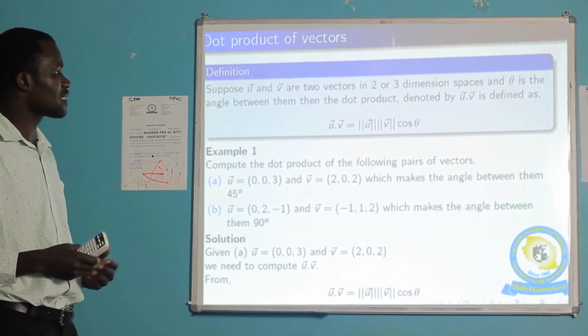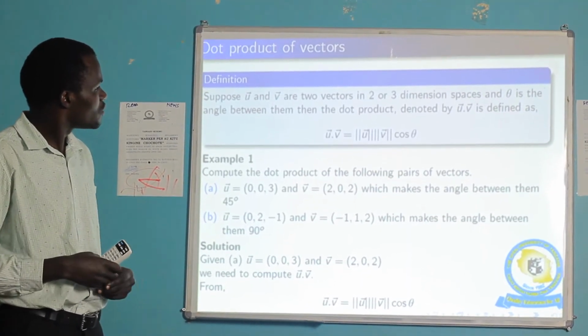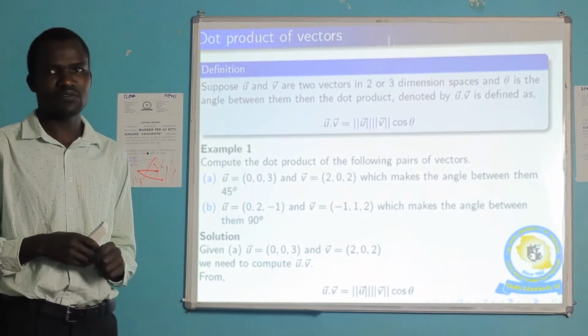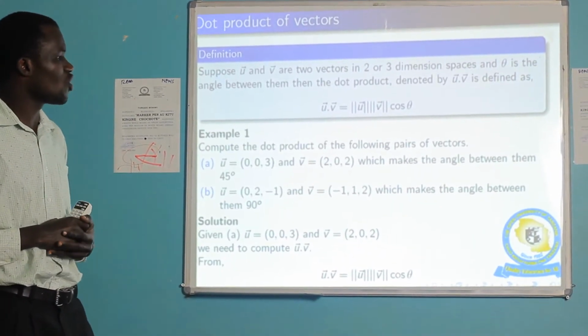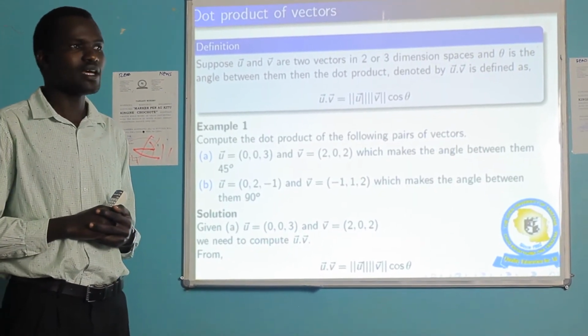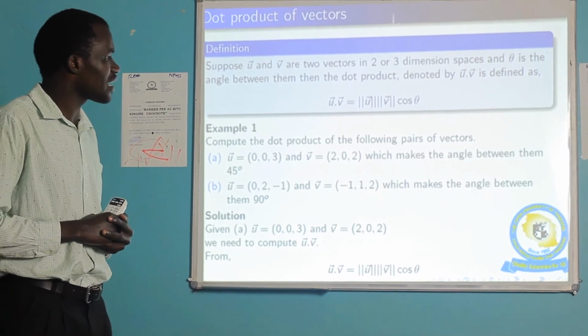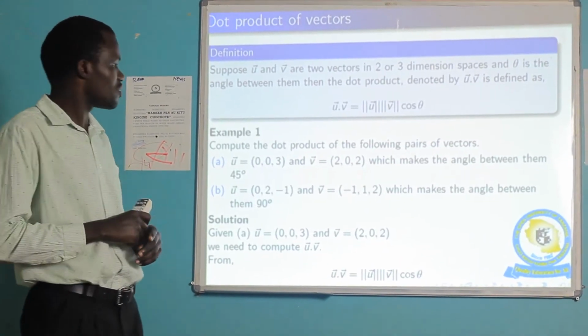Now, the dot product is defined as u dot v, which is equal to the norm of vector u times the norm of vector v times the cosine of theta. Remember, theta is the angle between these two vectors.